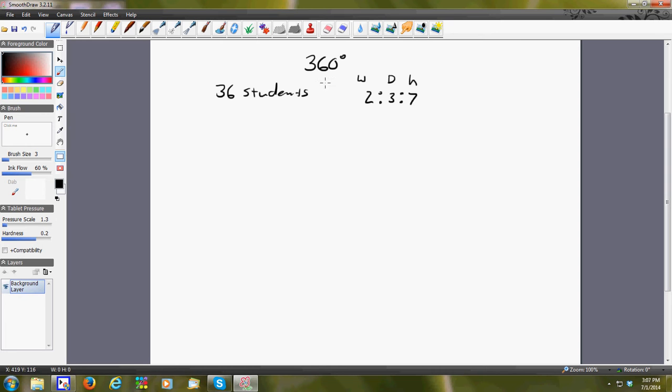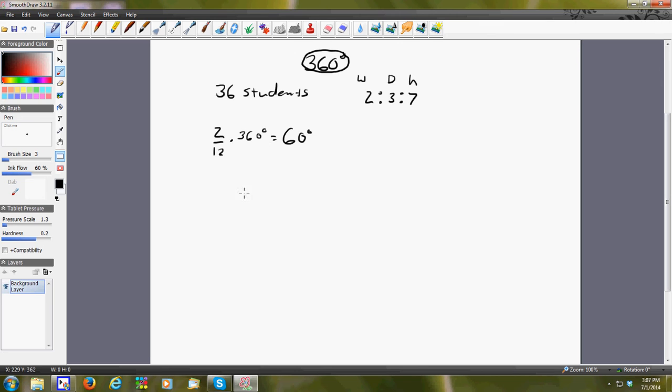If I want to find out the angle sectors, I know that a circle has 360 degrees. So I'm going to say 2 plus 3 plus 7 is 12, so I'm going to say 2 out of 12 times 360 equals, and I know that 12 is in 36 3 times, so that's going to be 60 degrees.